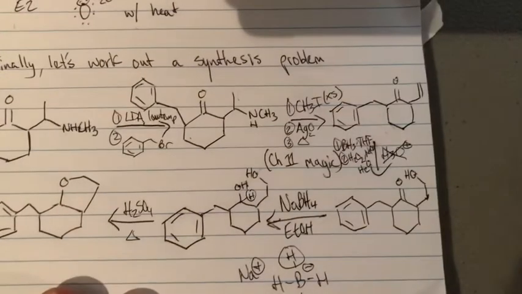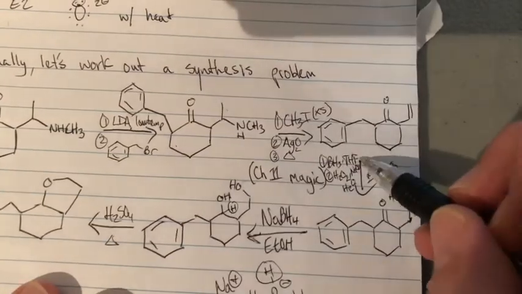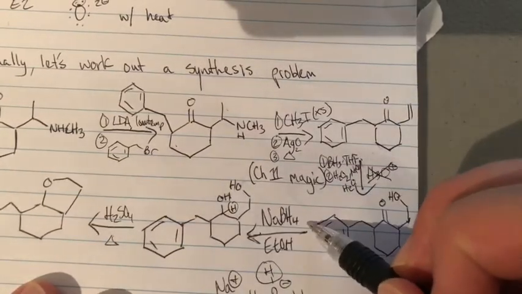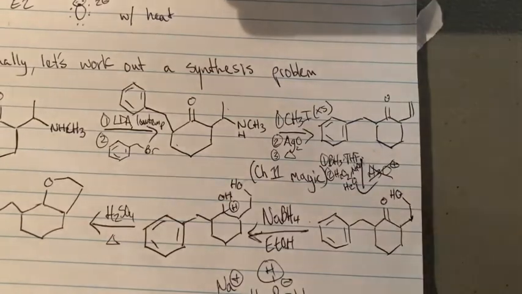Now, mind you, this reaction here, we have not gone over that yet. I'm just trying to slowly introduce this stuff to you over time. We're going to see that a little bit more when we start getting into synthesis and wrapping the semester up. So I just want you guys to be aware of that before we start getting into test mode.